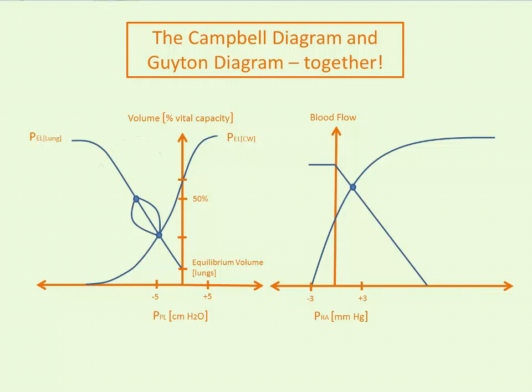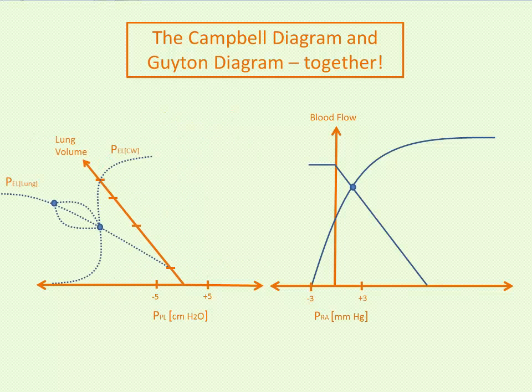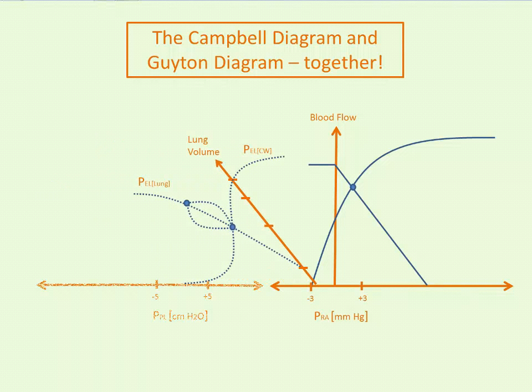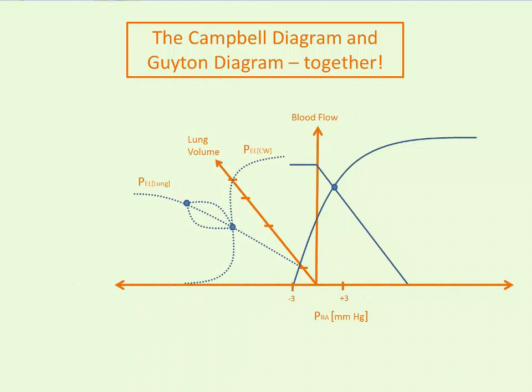So let's drop the Campbell diagram, put it on the z-axis for our friends in the True North Strong and Free, and move the Guyton analysis, keep it on the x and y, blood flow on the y, pressure on the x, and as we saw, this point tethers intrathoracic pressure as defined by the Campbell analysis to the Guyton analysis.